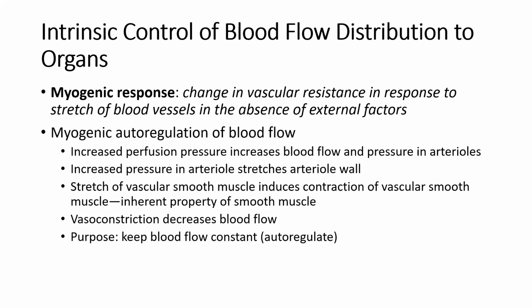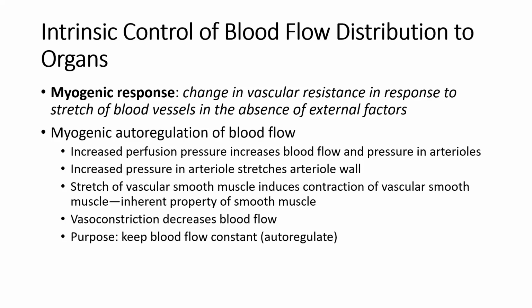So it's a vasoconstriction in response to an initial vasodilation because of increased flow. And what this does is it decreases the flow, which helps to regulate how much blood is coming into that arteriole. The purpose of this is to protect the arterioles from excess flow, to keep the amount of flow constant, and in some ways to auto-regulate how much flow is coming in.